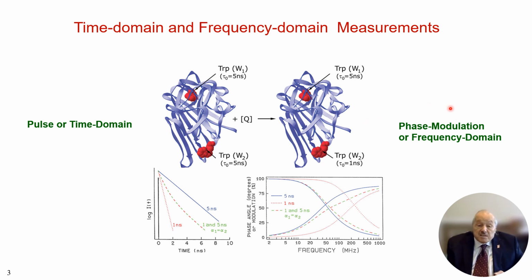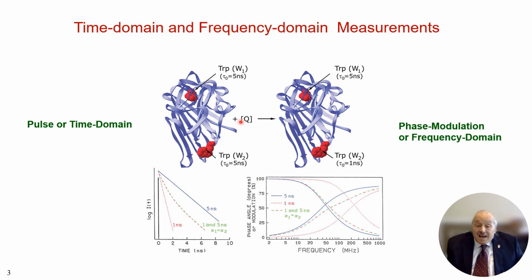But let's just consider what the same measurements would look like in the time domain and in the frequency domain. In the time domain, let's assume we have a single protein that has two tryptophans in it, one on the surface, one buried. We add some quencher that can decrease the lifetime of the exposed tryptophan, but not the hidden tryptophan.